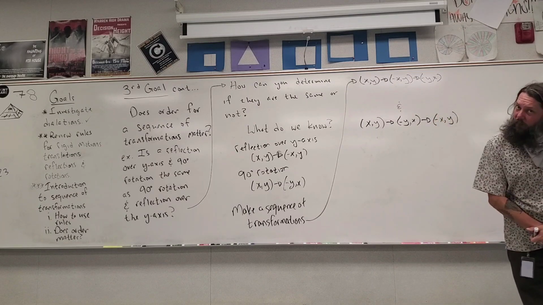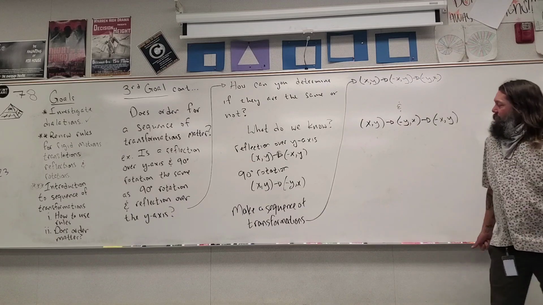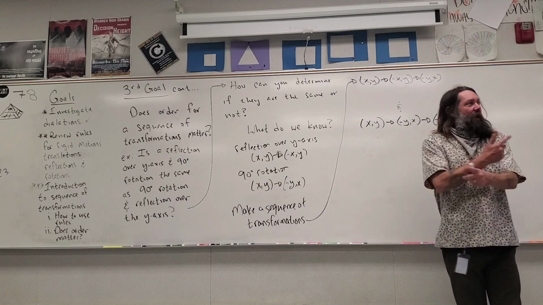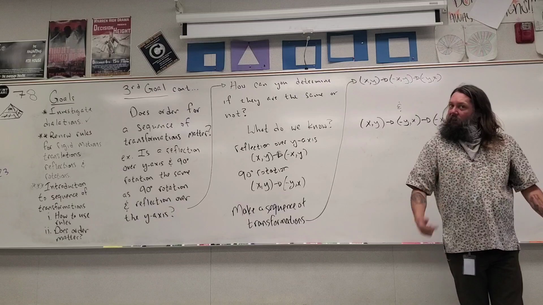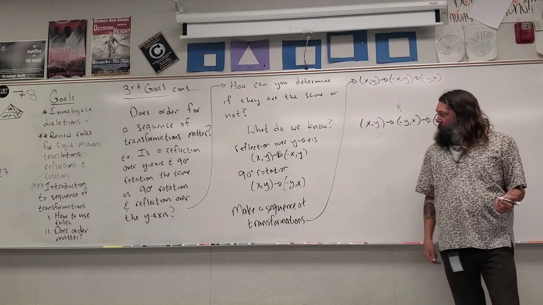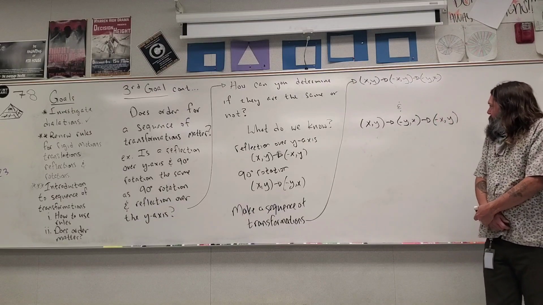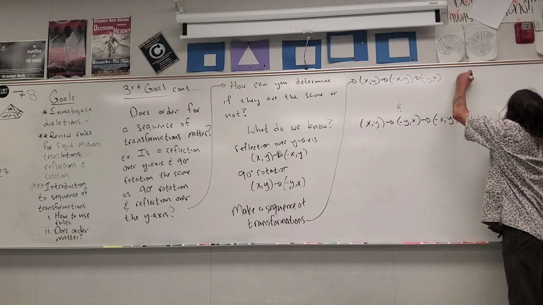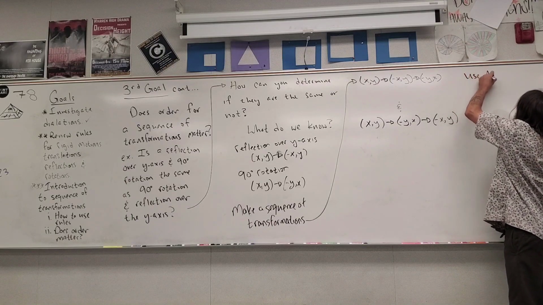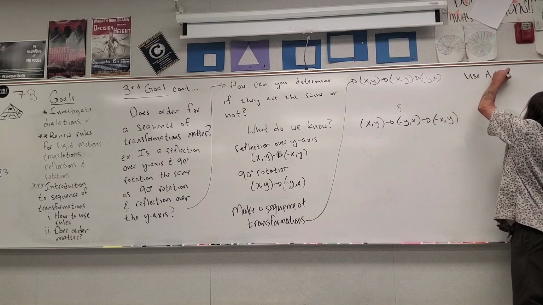So what we're going to do is pick a nice point that's easy to move around and switch the numbers around. I recommend using a point where the numbers are different. So I would use something like A, where A is 2, 1.